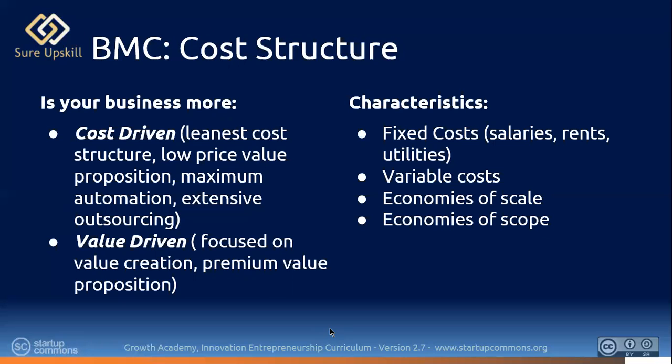So in the value-driven segment, we look at the value creation, premium value proposition, etc. Okay, these are the focus areas, and fixed costs, the salaries and utilities, and how we can control these by automating different areas of the business. Then variable costs, economies of scale, economies of scope, things like that.